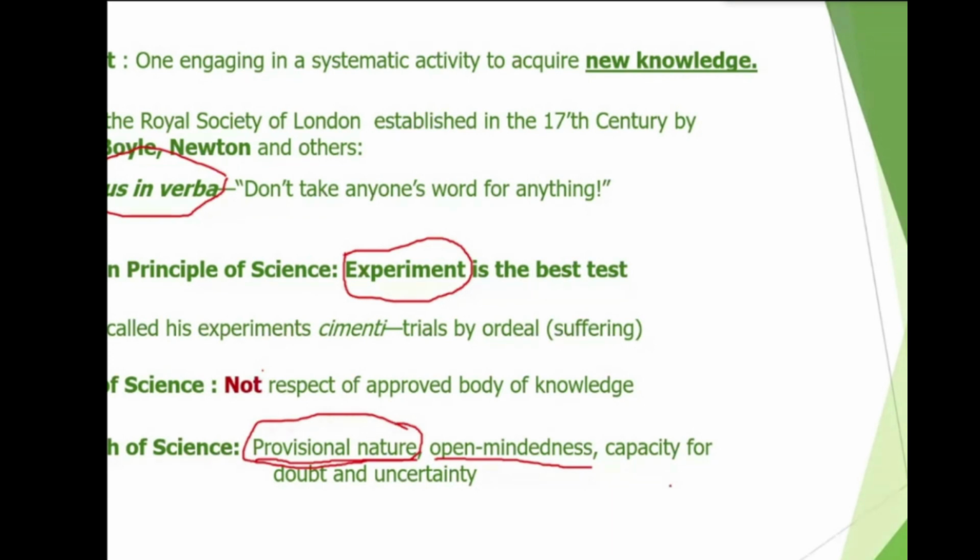And most importantly, there is a capacity for doubt and uncertainty, which means that if you don't have sufficient experimental evidence today, you leave that particular topic with a lot of uncertainty and doubts rather than saying that this is all established and we are aware of the fact.